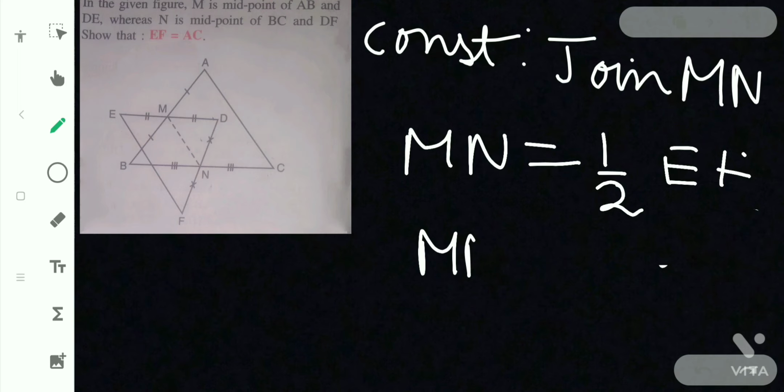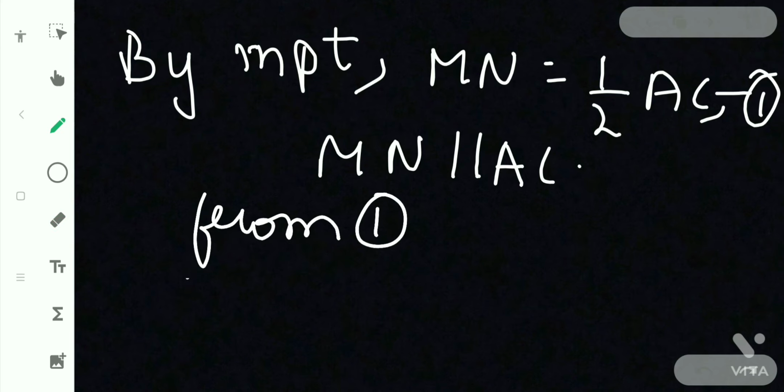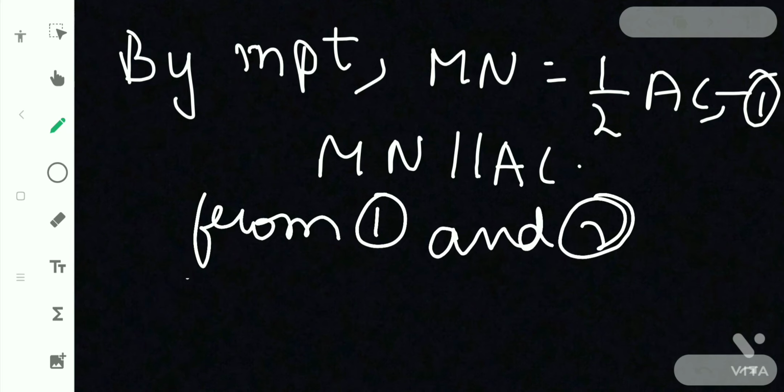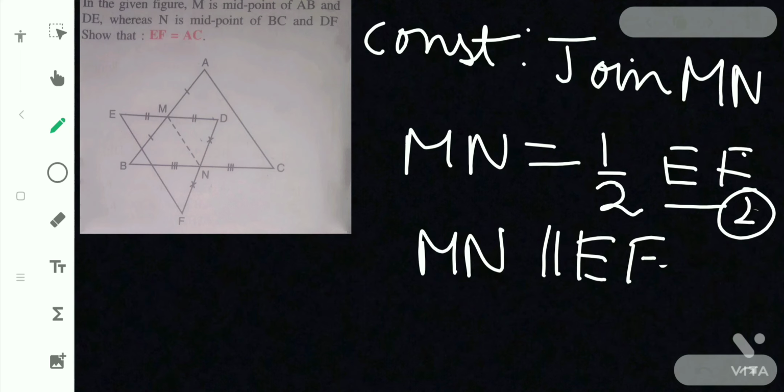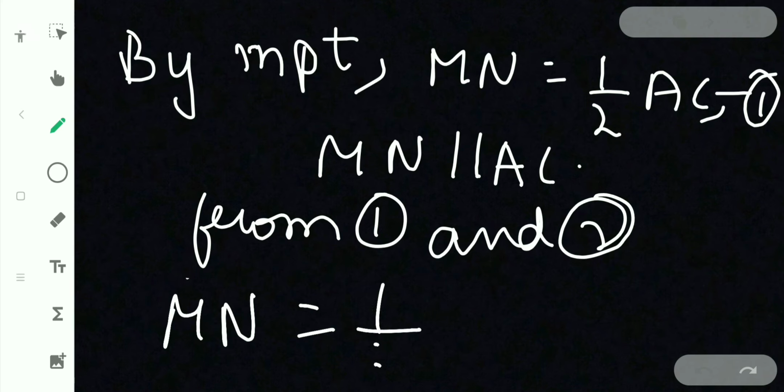Now if you make this equation number 2, from equation number 1 as well as 2, MN is equal to half of EF.